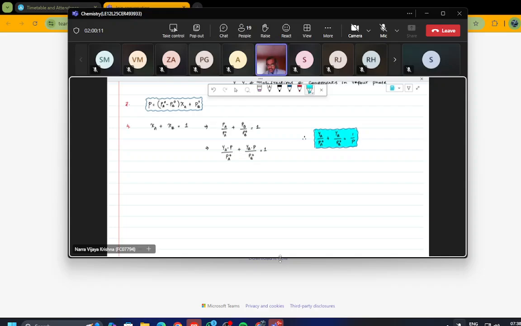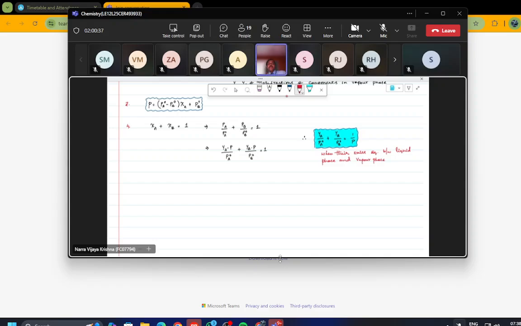So this is the equation I will follow when there exists equilibrium between the liquid phase and the vapor phase. Any questions, sir?